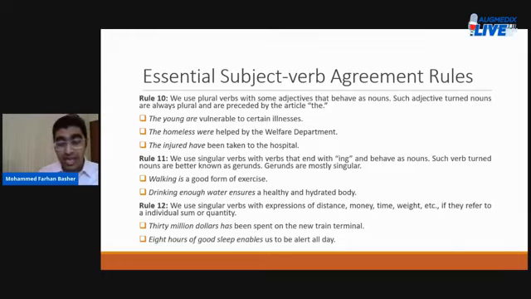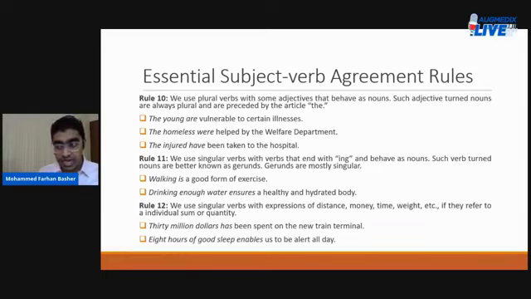8 hours of good sleep enables us to be alert all day. Now, in both these sentences, you can see we have expressions of money and expressions of time, right? And they are spoken of in an individual sense, singularly. So $30 million, an expression of money, is followed by a singular verb, according to the rule.